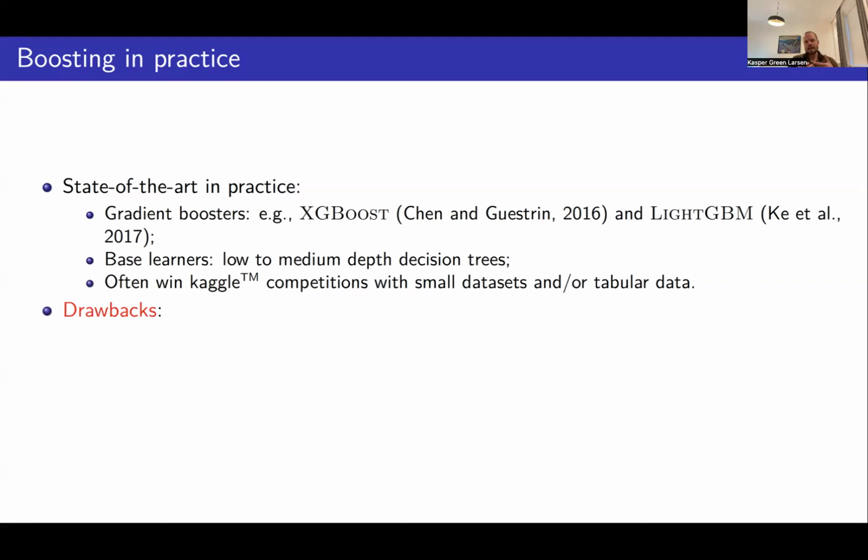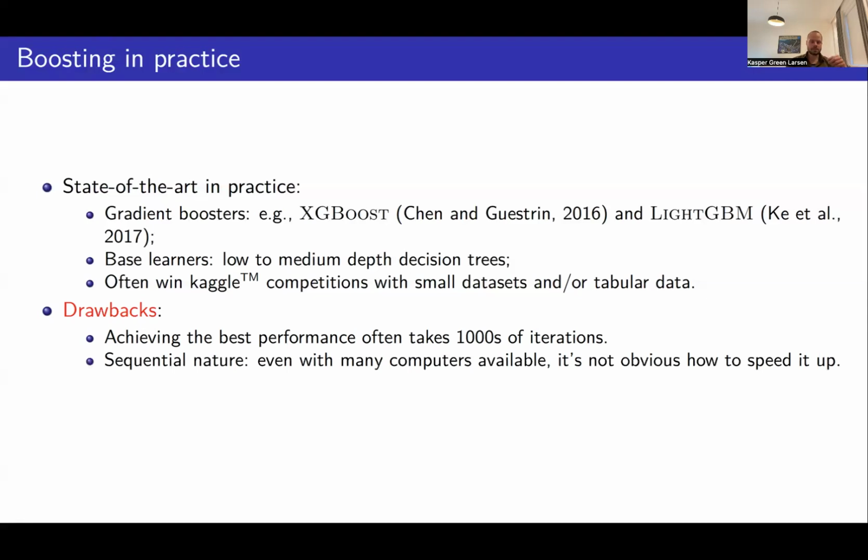But unfortunately, it has some quite significant drawbacks. In particular, if you run these gradient boosters, it often takes, at least on large data sets, something like thousands of iterations to get the best possible accuracy or performance out of these boosting algorithms. And the real issue with this is that the algorithms are super sequential.